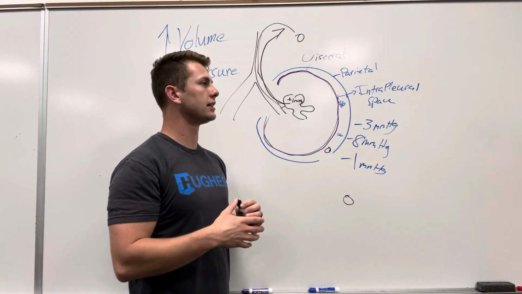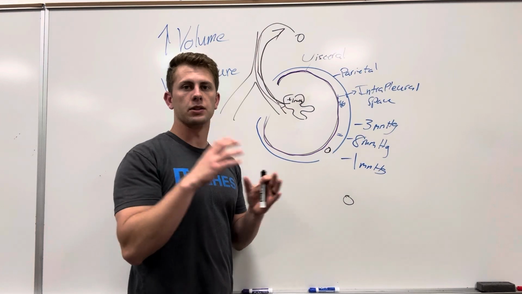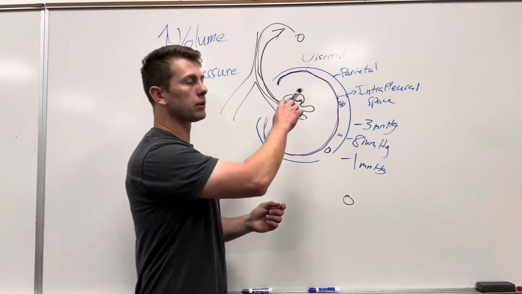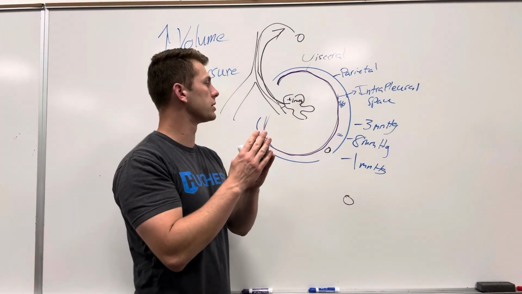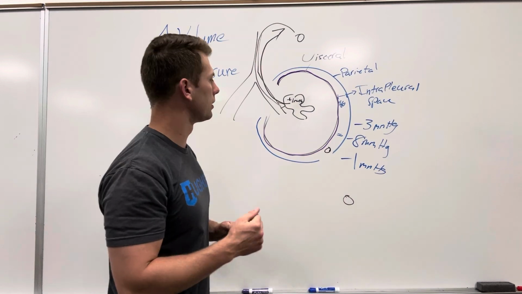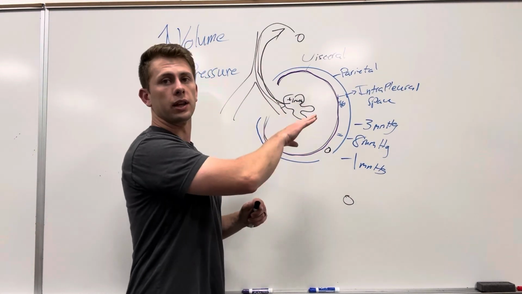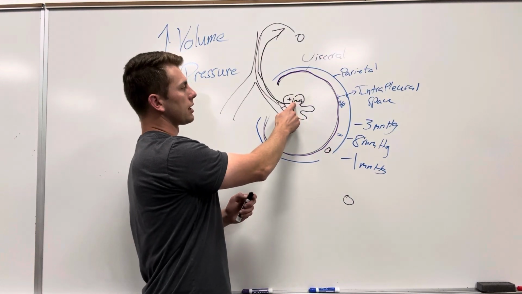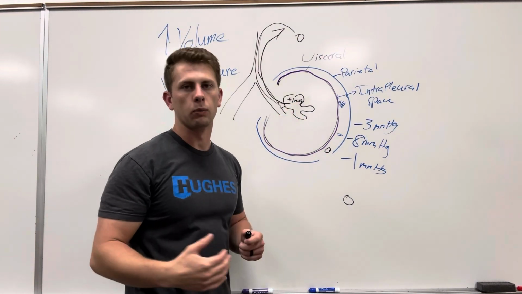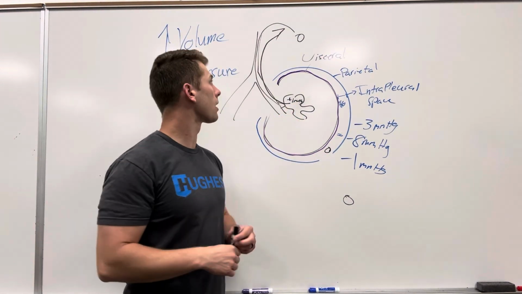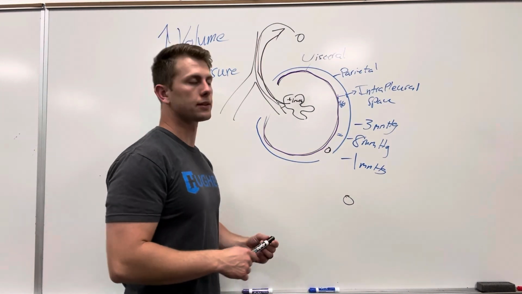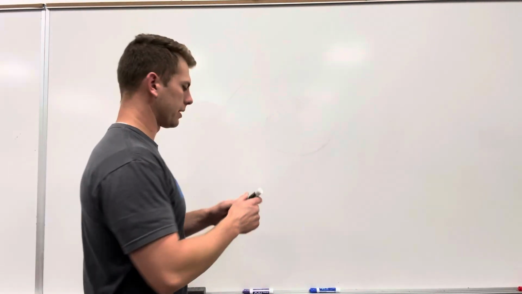We have elastin and different things that make it just want to shrink. And the parietal pleura and visceral pleura connecting to each other was making it pull apart. So our lung's going to collapse, and even when we inhale, it's not going to do anything. And so it's not going to create this negative pressure in the alveoli, and we're not going to get any air in. So that's really bad. A pneumothorax, really bad.